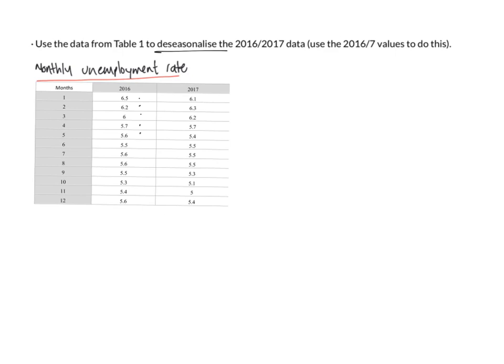We know that the average is the addition of all the individual data values divided by the count. So for the first year we have 6.5 plus 6.2 plus 6 plus 5.7 plus 5.6 plus 5.5 plus, and so on, up to our last data point, which is 5.6, all divided by 12.